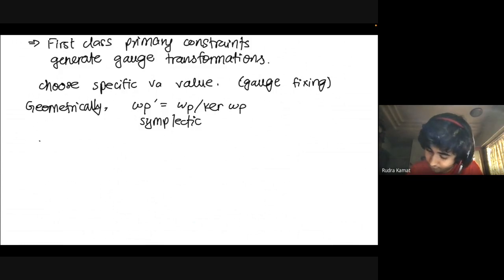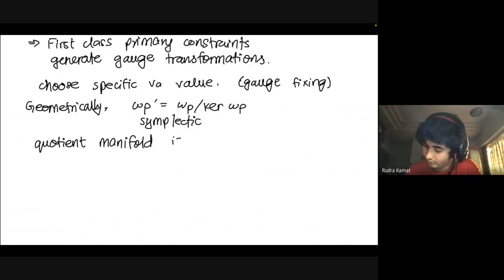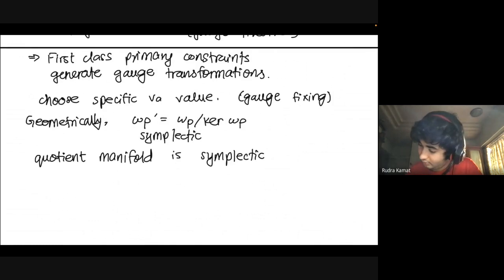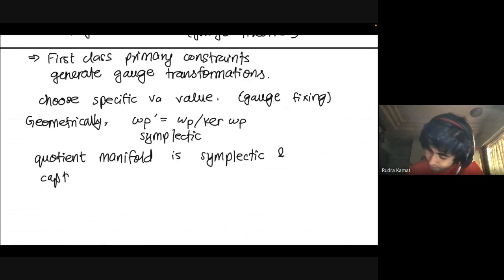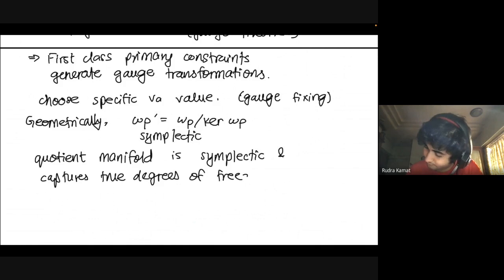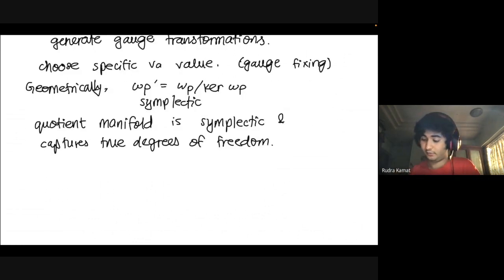So then this quotient manifold that you get is symplectic, and captures true degrees of freedom of a system, kind of like the Routhian does. It gets rid of those cyclic coordinates and keeps the ones that really matter. It's kind of doing that idea here.